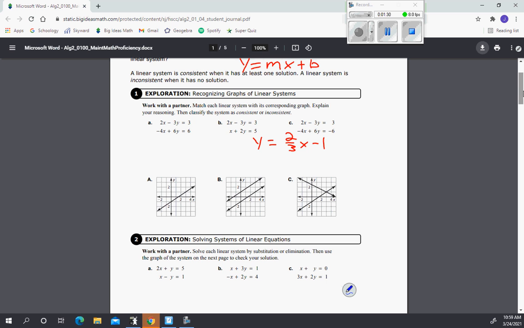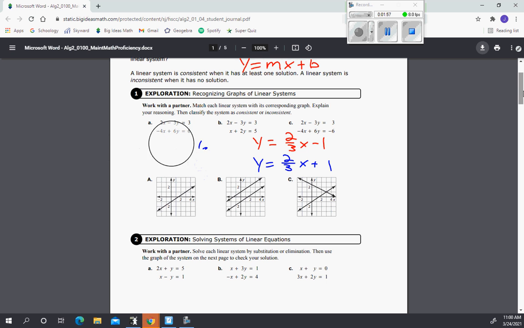The second one, negative 4x plus 6y equals 6. Again, same thing. I get 6y equals 4x plus 6, divided by 6. I get y is equal to 2/3, right? If I simplify 4 over 6, I get 2/3 x plus 1.